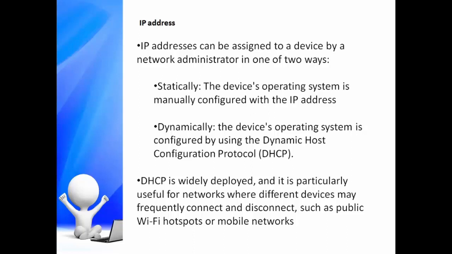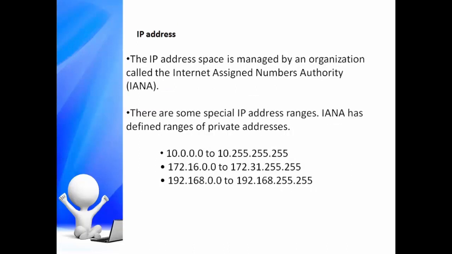Basically, the internet is a huge IP network, and every device that sends data over it is assigned an IP address. The IP address space is managed by an organization called IANA, that is Internet Assigned Numbers Authority.